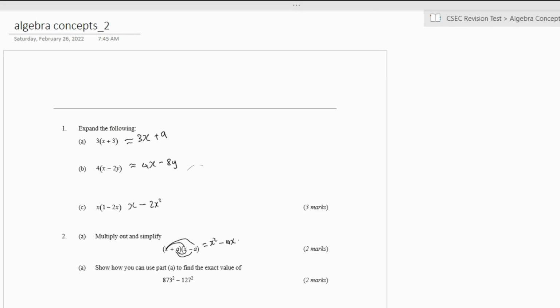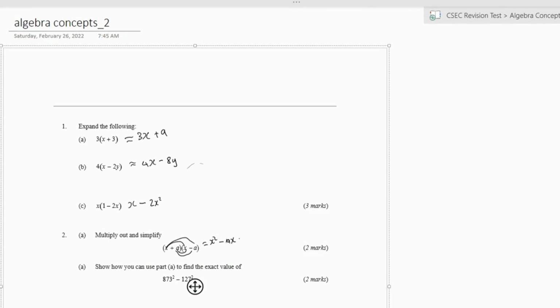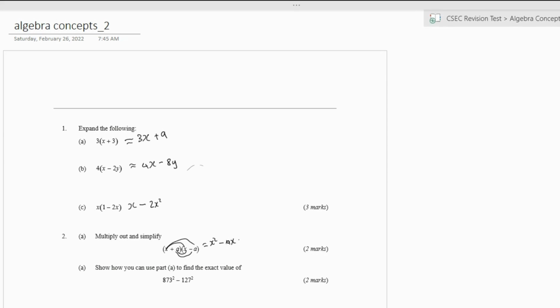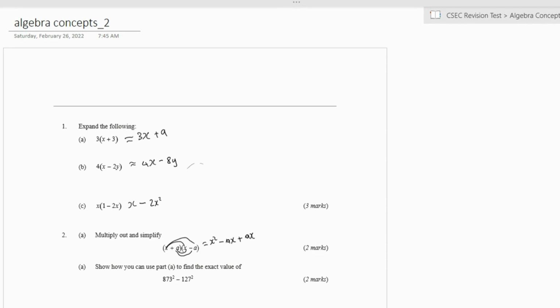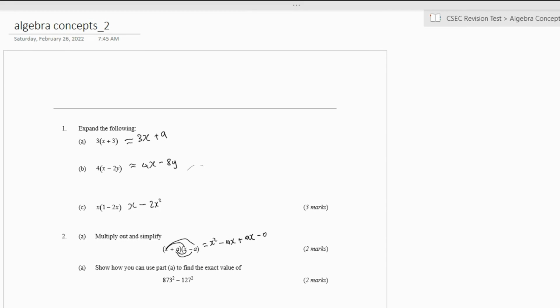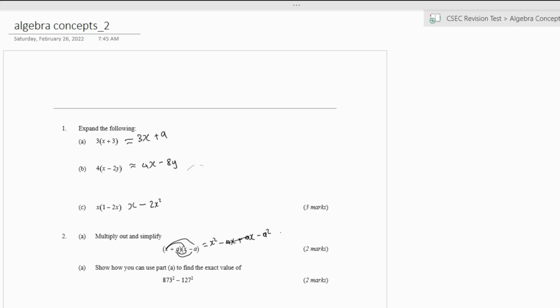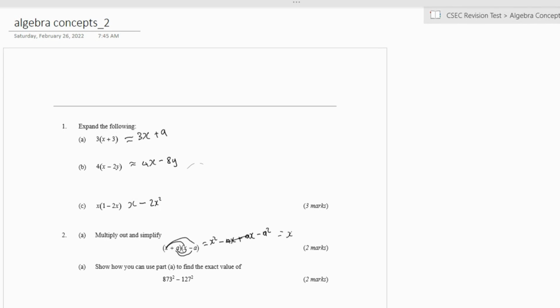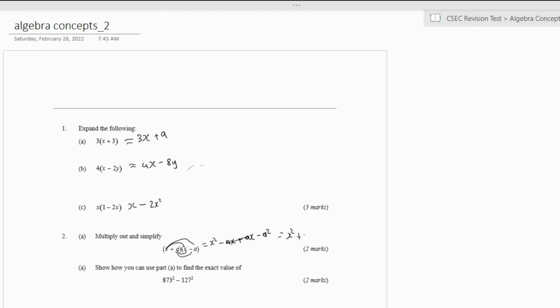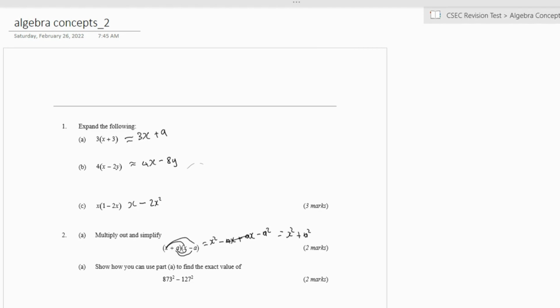Our a times the x gives us ax, and our a times the negative a gives us a negative a squared. Realize that these can cancel, and so what we will have is x squared minus a squared. Now this would be the difference of two squares.